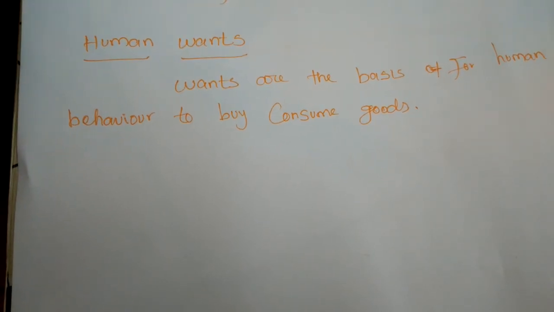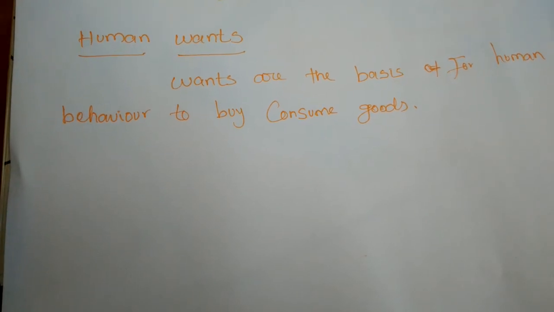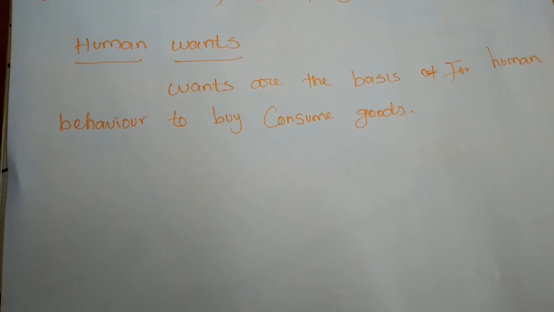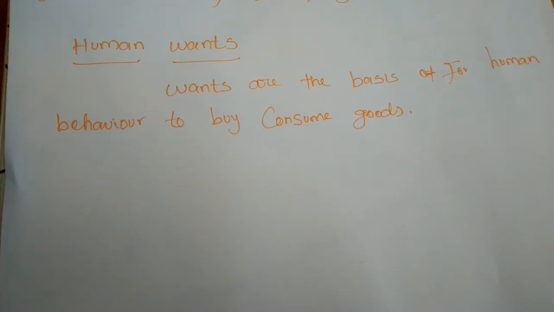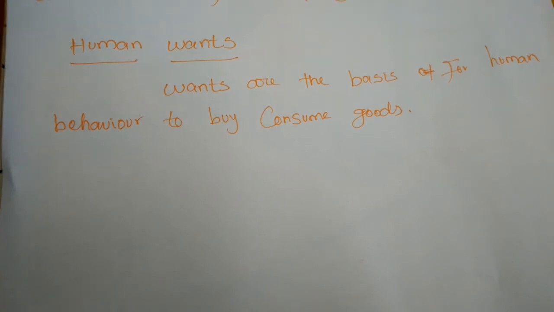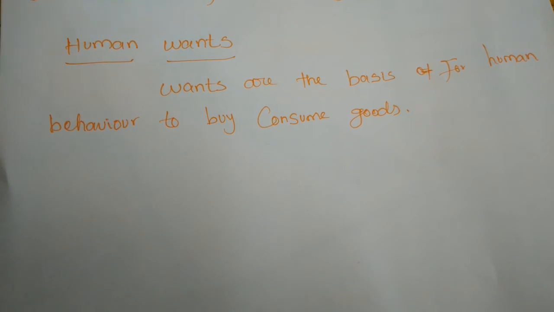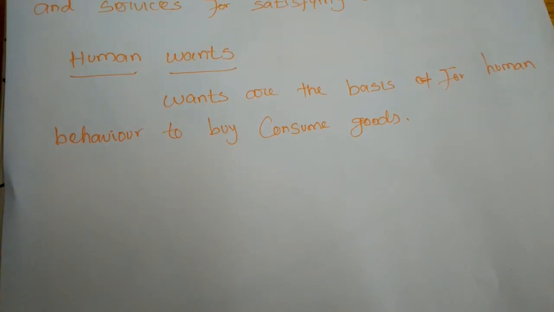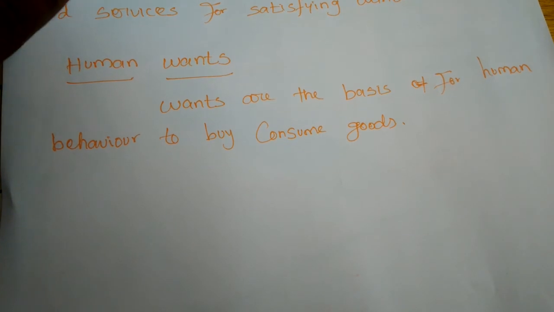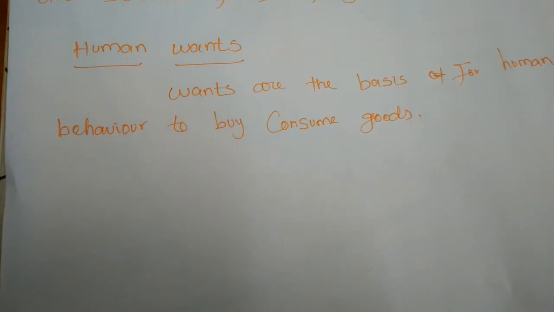For one day or one week, if you are being simple without doing anything, even without wanting a drop of water, will you do anything? No. Simply you will sit or simply you will sleep. Even if you want to sleep, you need some floor or blanket, right? So in economics, wants are the basis for human behavior to buy and consume goods.